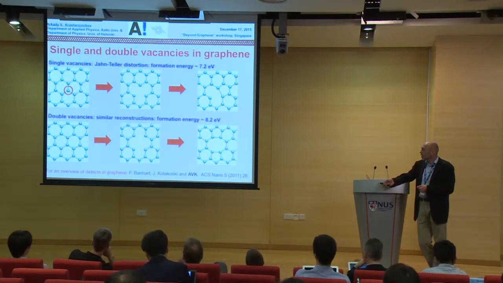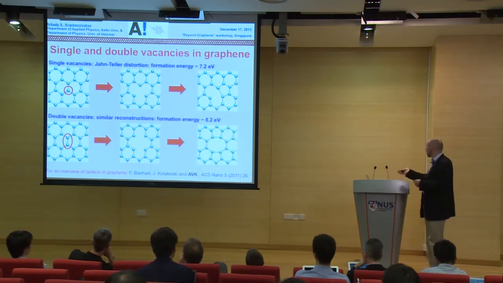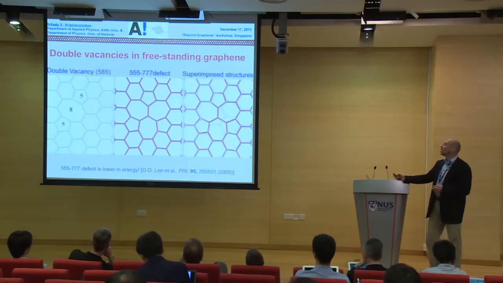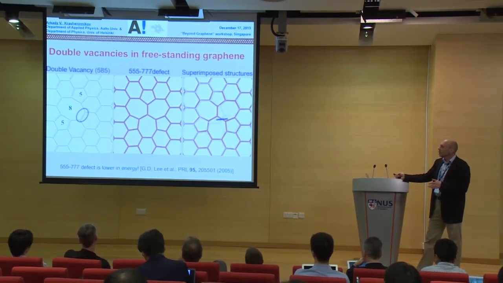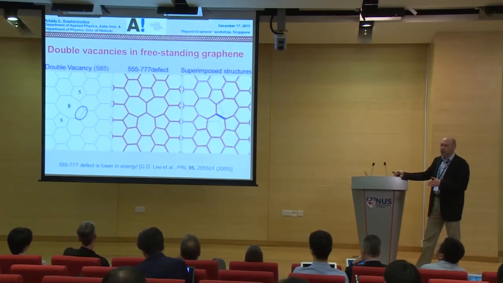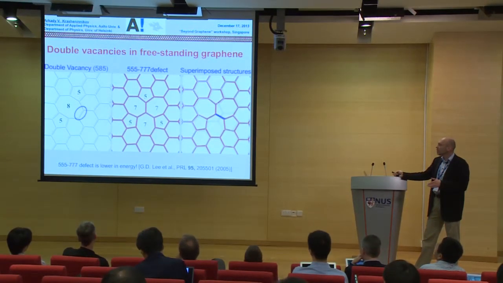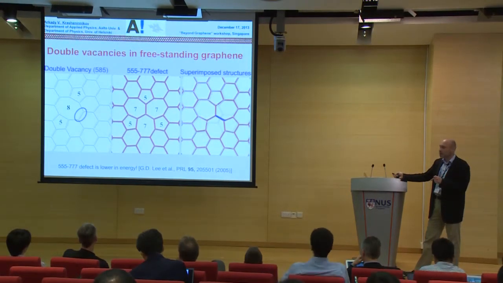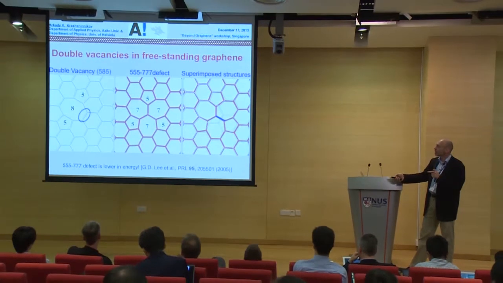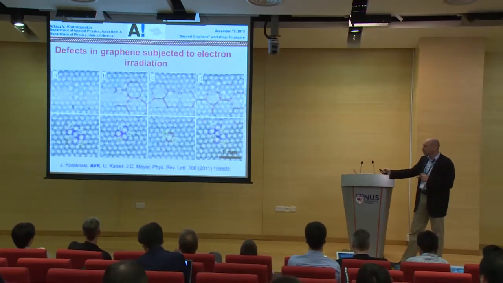In fact, in graphene, if you take this bond and rotate it like that, you end up with a constellation of non-hexagonal rings, the 555777 defect, which actually has lower energy than the original non-reconstructed divacancy.